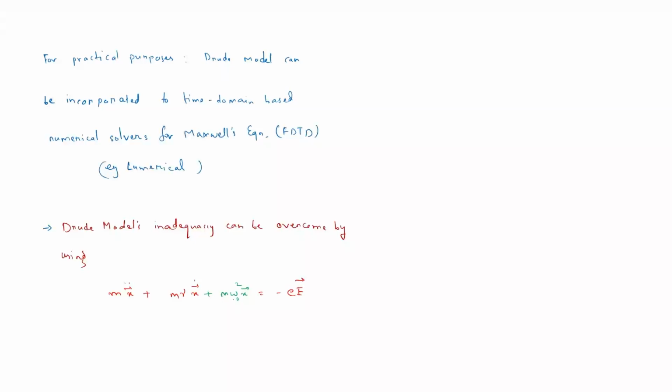So this term takes into account the intermittent transition, and this is illustrated by using a classical picture of a bound electron with some resonance frequency omega naught.